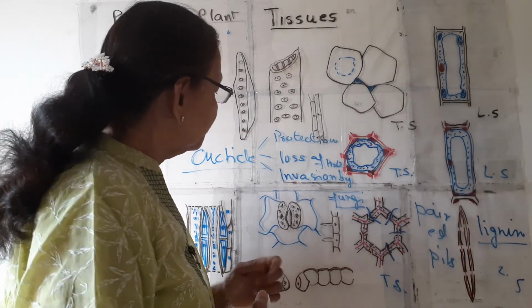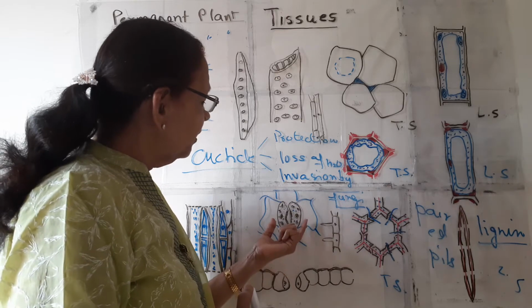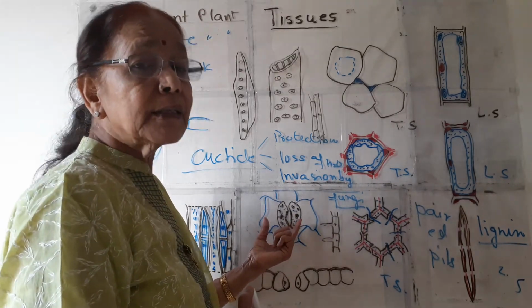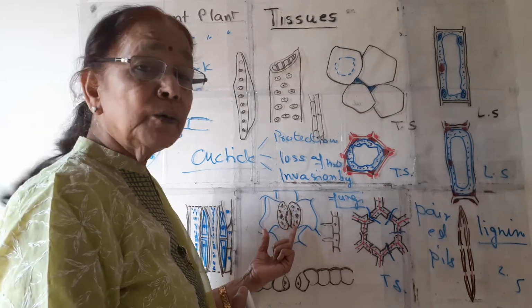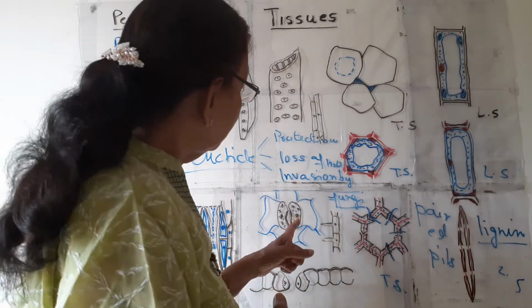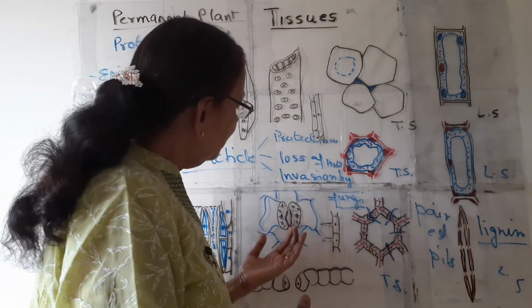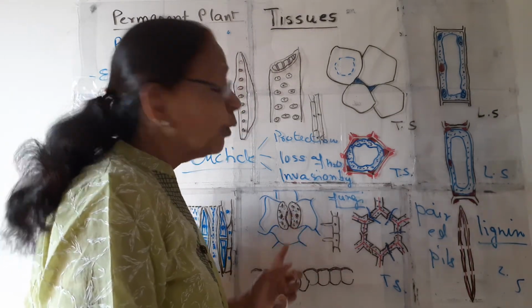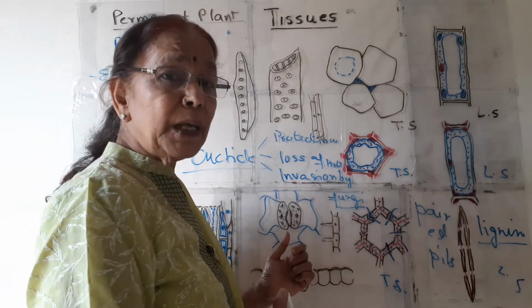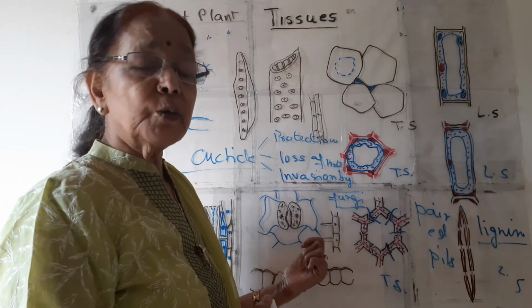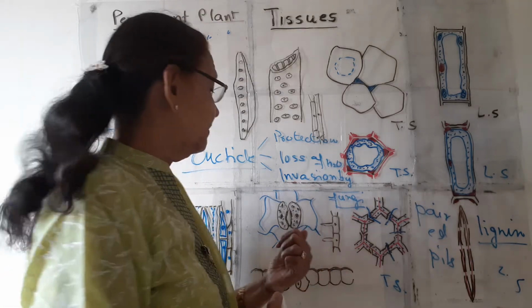Now, what is the structure? It is surrounded by two bean-shaped or kidney-shaped cells. These cells are known as guard cells. These cells have a nucleus like the normal cell, cytoplasm, and also chloroplast. The chloroplast organelles are present in guard cells, so they help in photosynthesis.